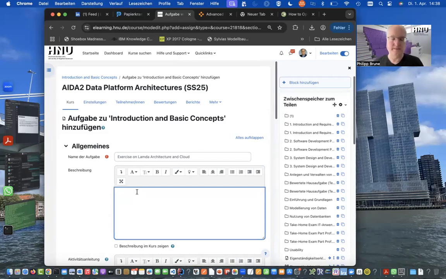So let's consider the following case. There's a company that wants to set up a data processing platform.